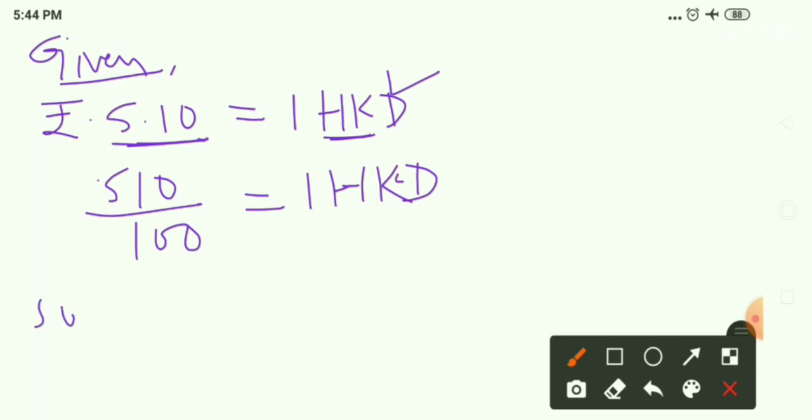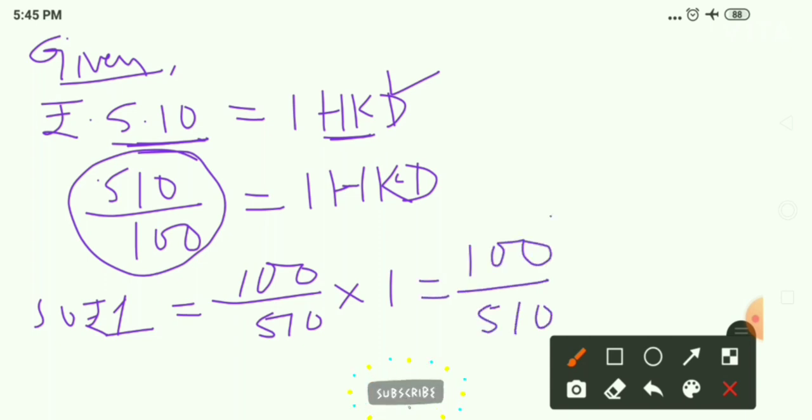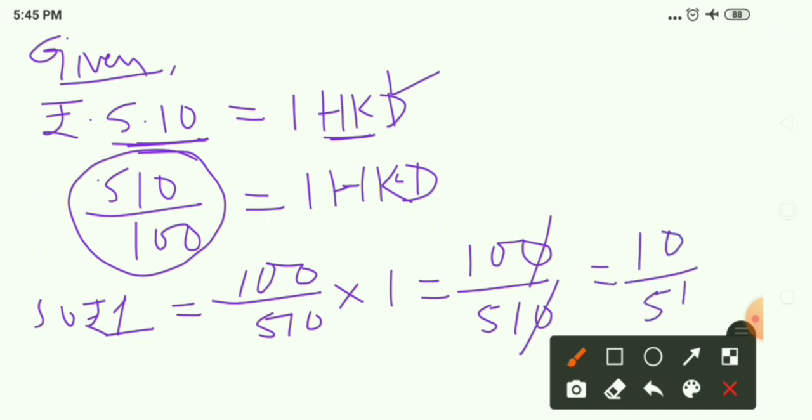So 1 rupee will make how many Hong Kong dollars? Once again, same thing, this number you have to interchange to the right side. So it will be 100 upon 510 multiplied by 1. Zeros you can divide, so you will get 10 upon 51.